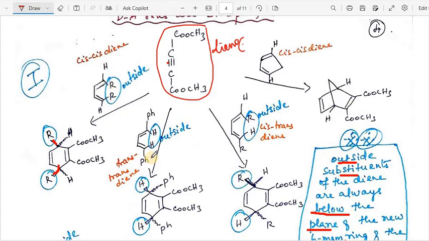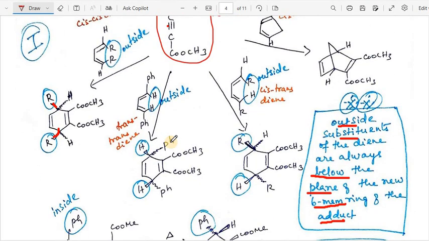Now if we take a trans diene, that is, the H and H are outside now, and according to our condition, the H and H in the product will go below the plane. So this H and H is below the plane of the new 6-membered ring of the adduct. And coming to this diene, cis trans diene.